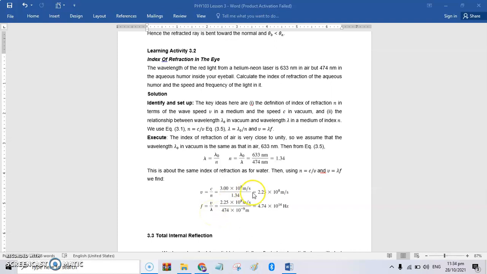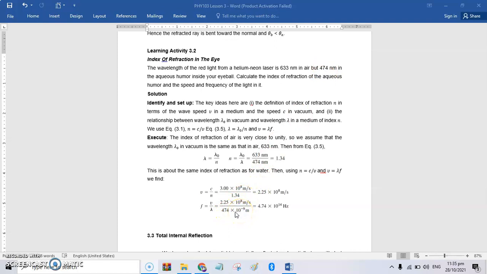Now, we input the value of the speed of light in the aqueous humor, 2.25 times 10 to the 8 meters per second, and the wavelength ng ating aqueous humor from the problem, 474 nanometers.